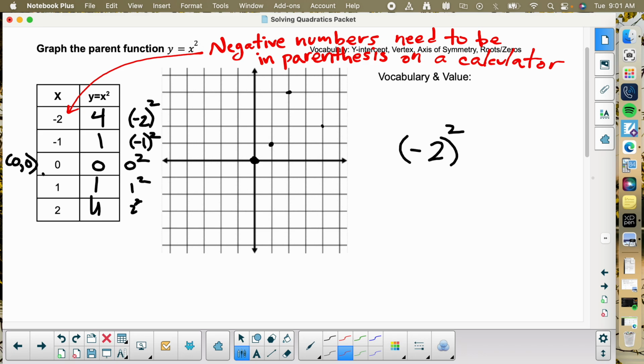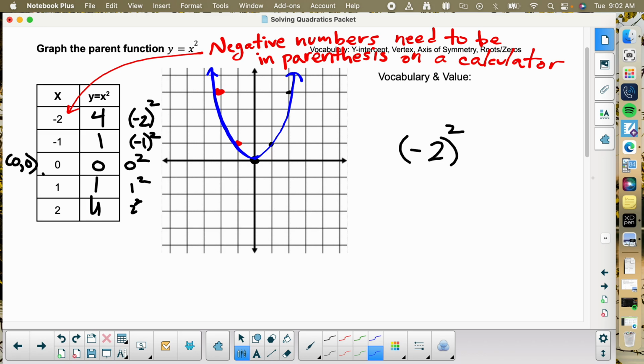Okay, I forgot to graph these points up here. -1, 1, -2, 4. It makes a U shape. So, if you just look at the points, it does kind of look like a V. It's not a perfect line though.